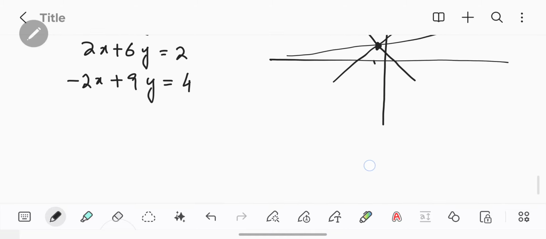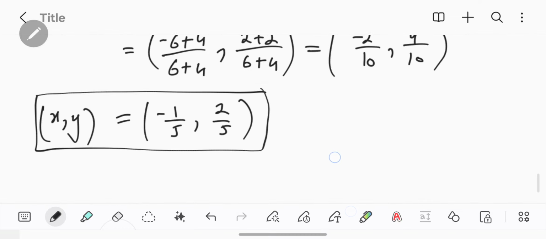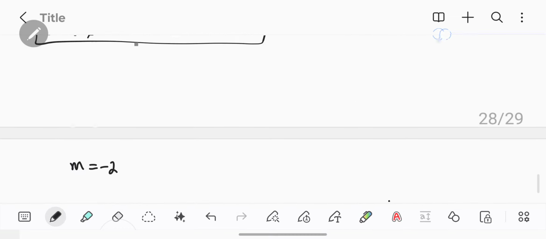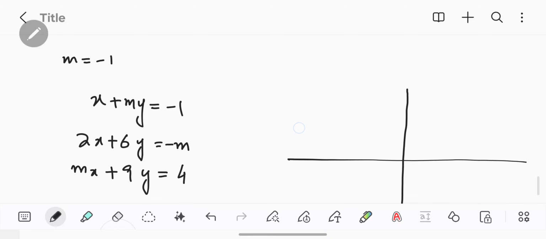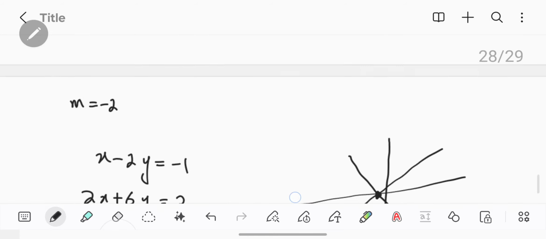Now I will look at m is equal to minus 1. If m is equal to minus 1, then everywhere I will put minus 1. So minus 1y means minus y. Here m is equal to minus 1 means minus m will be plus 1, and here also minus. Now if you put these three equations in GeoGebra, then what will be the solution?